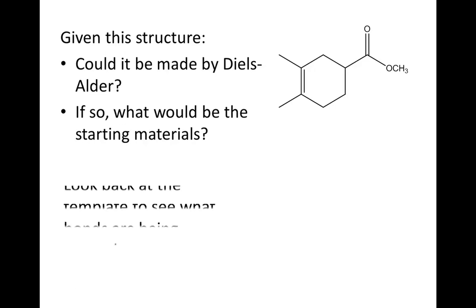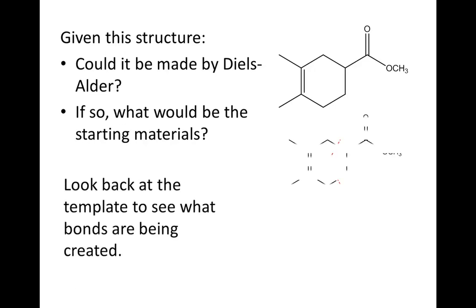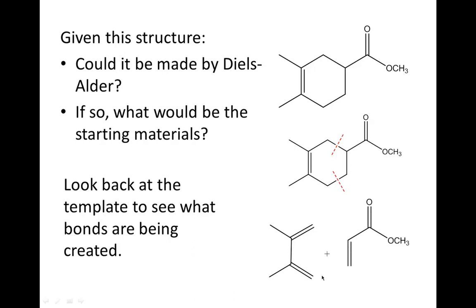So the new bonds have to be these two right here. This was the diene, and this is the dienophile. And so we just draw that in. Because this molecule is symmetrical, it doesn't matter how we draw this. If we flip it over or whatever, we're only going to get one product.